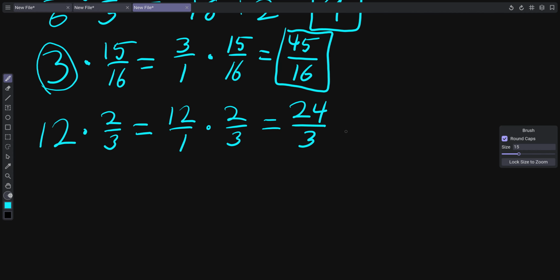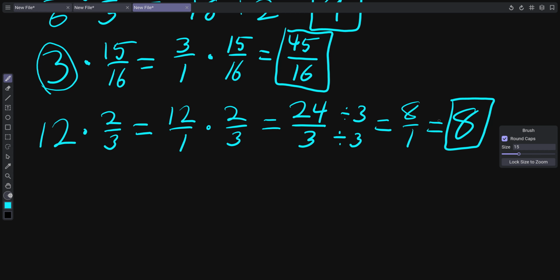And we can actually simplify this by dividing 3 from both the numerator and the denominator. This will give us 8 over 1, or just 8. And as you can see, the answer that we got is actually smaller than the 12 that we started out with, and this is because we multiplied it by a fraction that was smaller than 1.